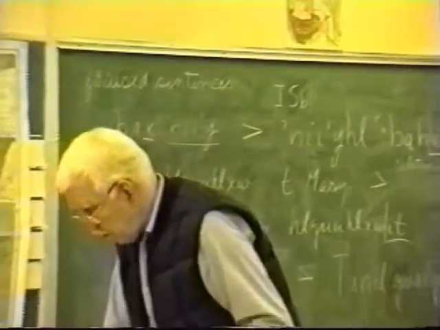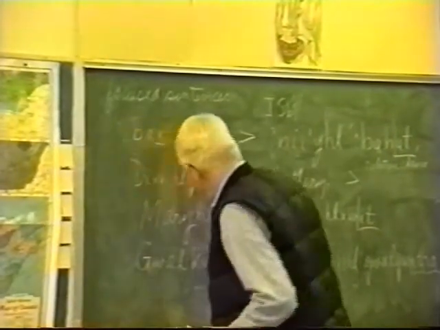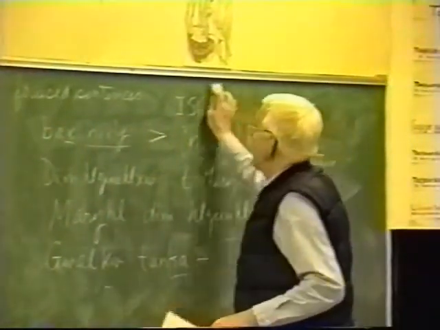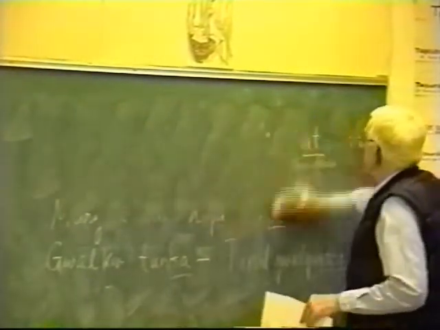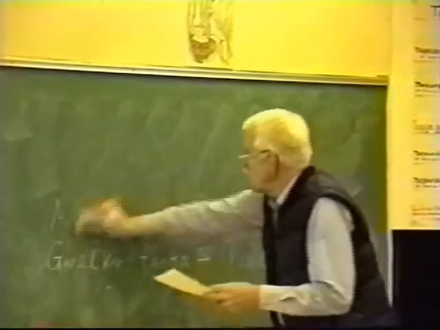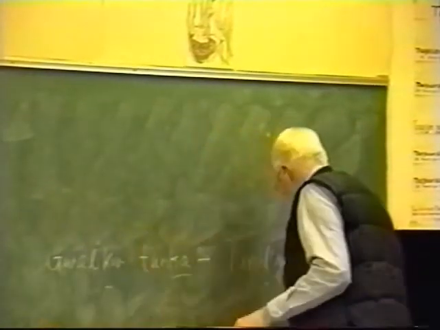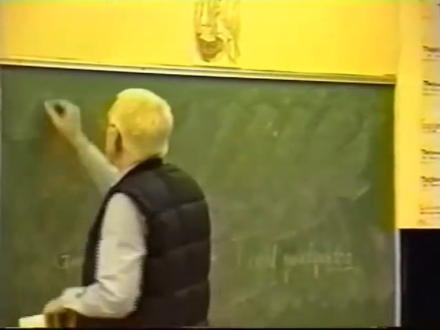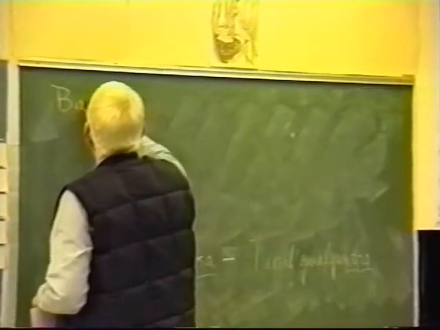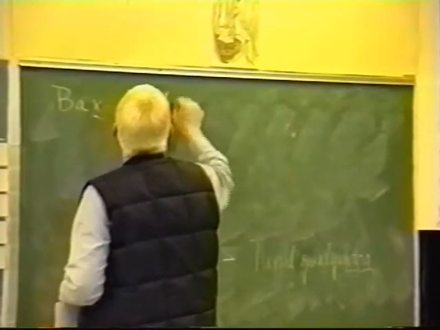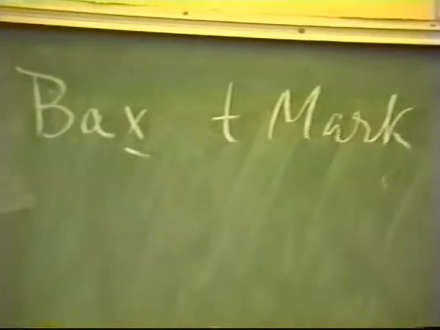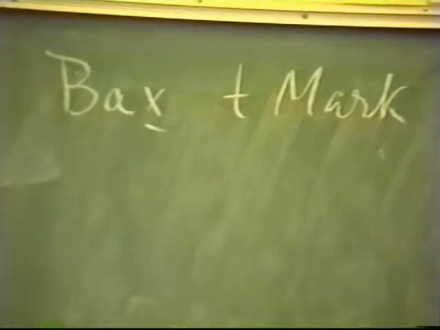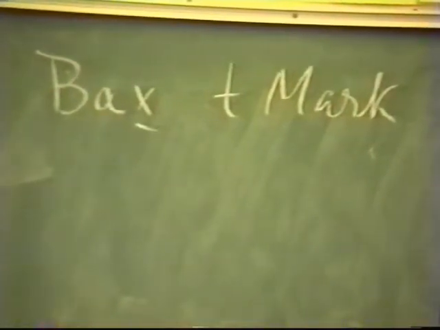Let me give one more example of this, and I'll use my son's name. Here I could say simply Bach Mark, or better perhaps Bachtmark, where I leave the R out and pronounce it in the Gitksan way.